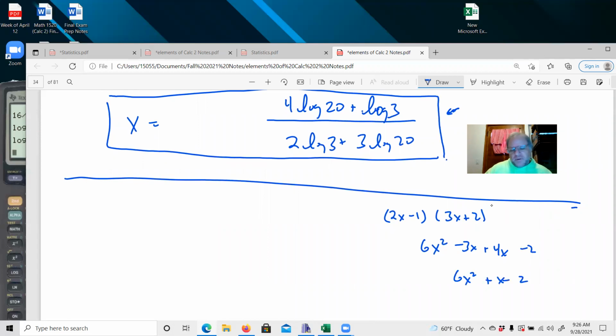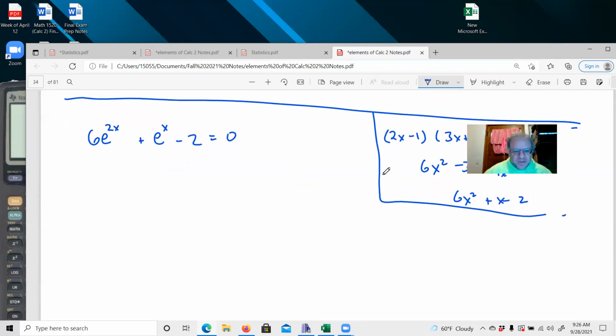So what we're going to have is 6e to the 2x plus e to the x minus 2 is equal to 0. Now, we're going to forget this ever existed, and I'm going to say solve it.